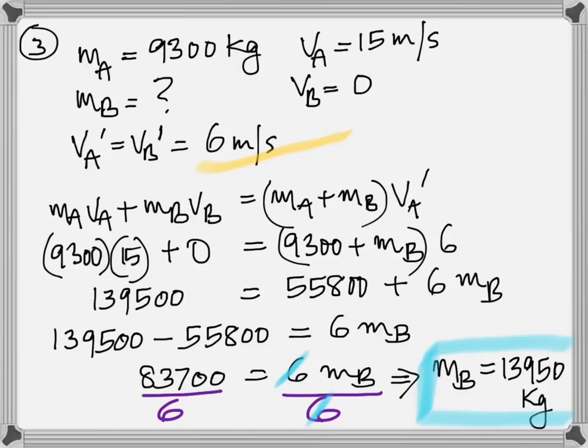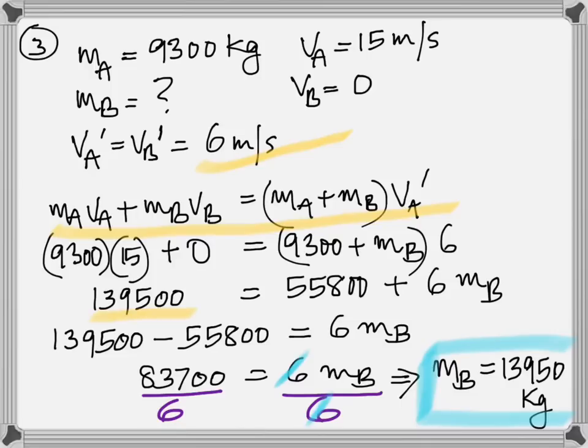Then use the formula MAVA plus MBVB is equal to MA plus MB times VA prime. Plug in the numbers. You will get 9,300 times 15 plus 0 is equal to 9,300 plus MB times 6. On the left hand side, you get 139,500.